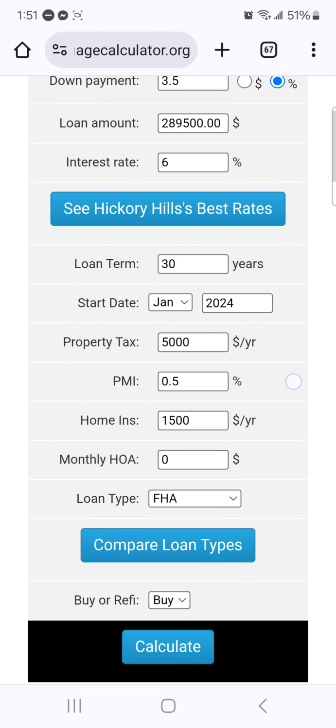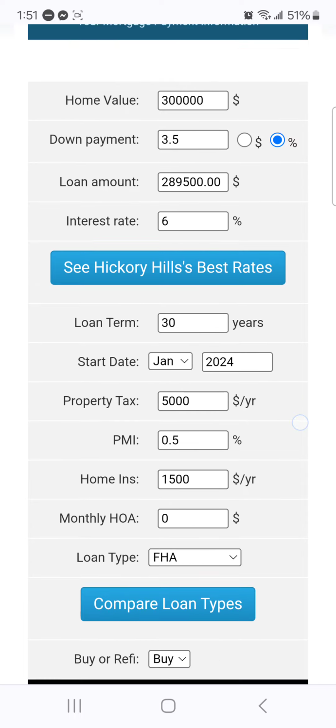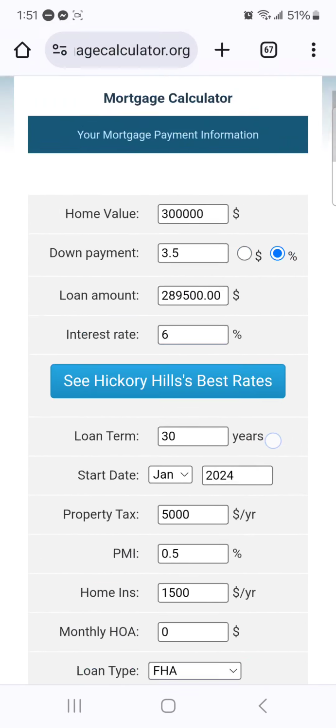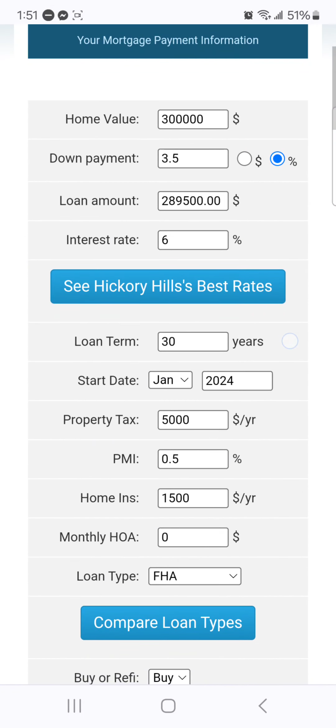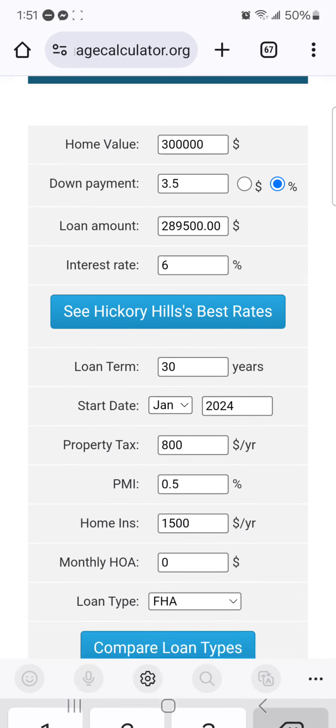But let's say they found a home where taxes were less than the 2,700 that the original lender estimated them to be. So let's just say taxes in that area were $800 per year.